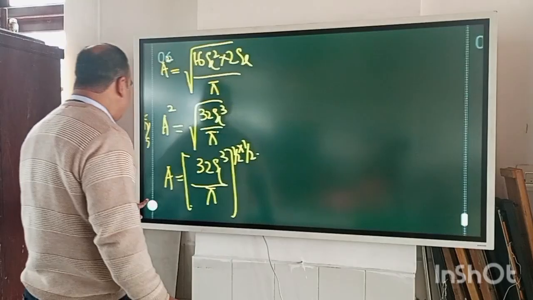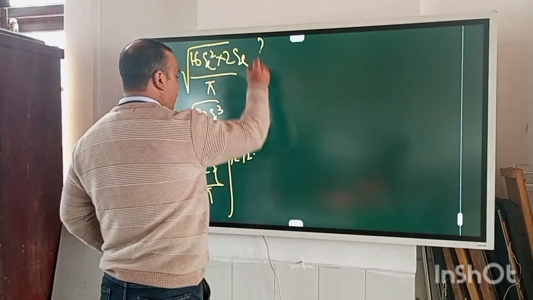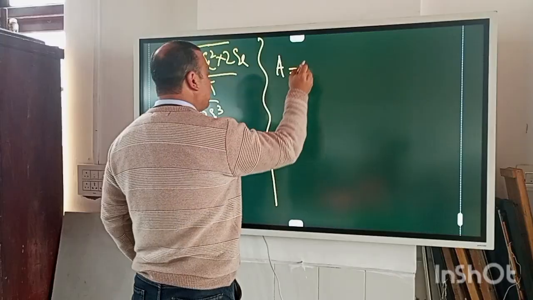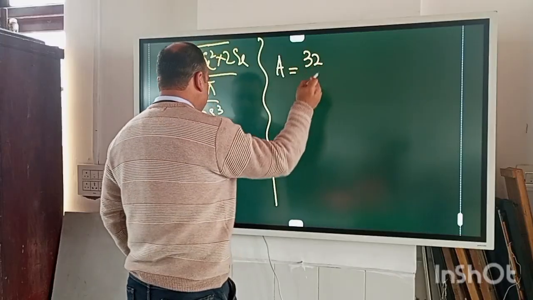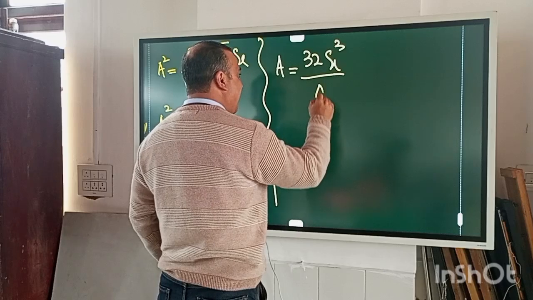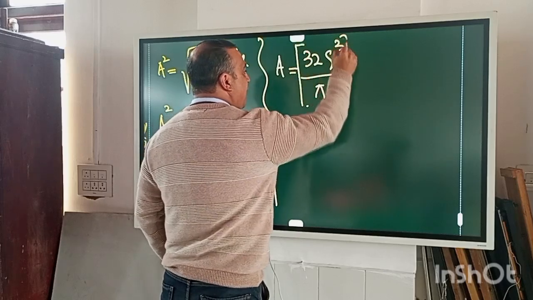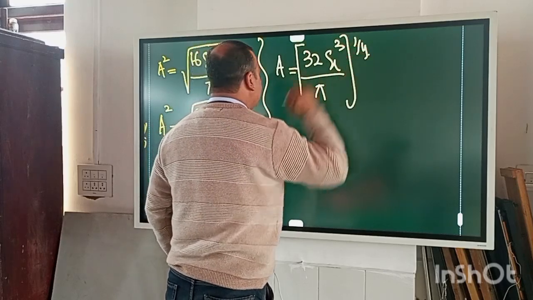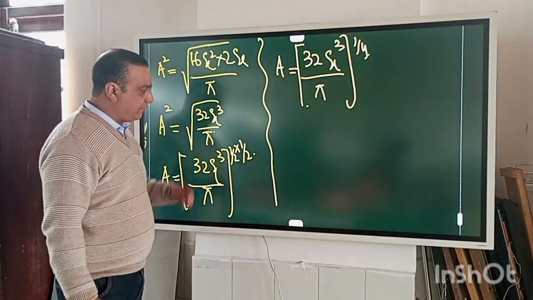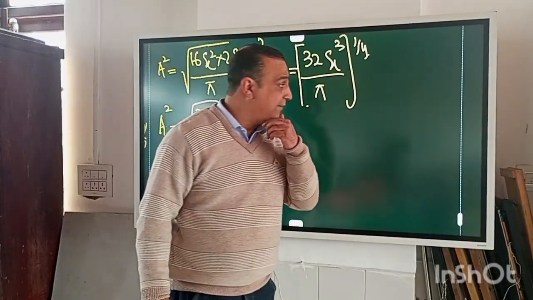So what we will have is A equal to 32 zeta cube divided by pi raised to the power 1 by 4. So this is the value of the normalization constant that we were looking for.